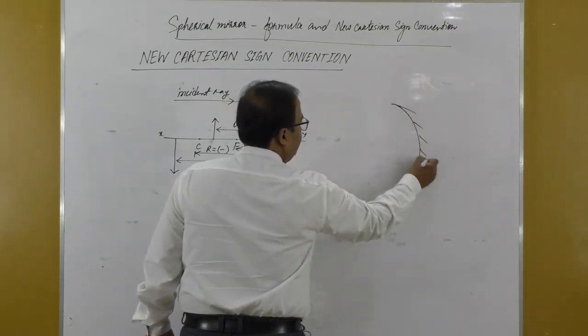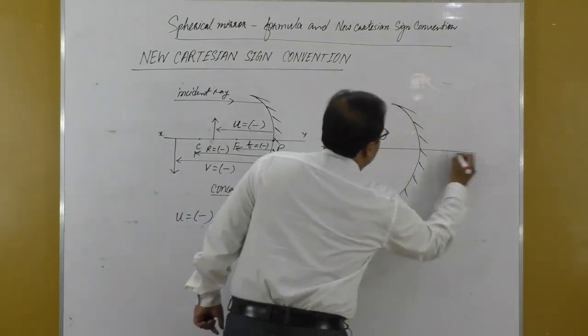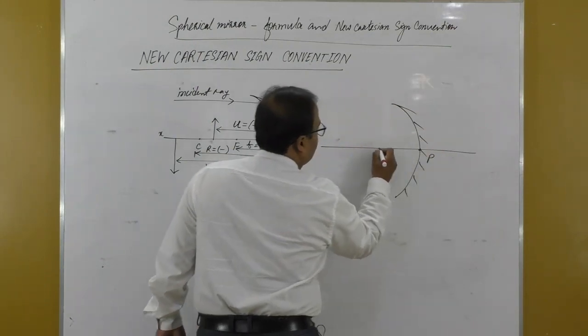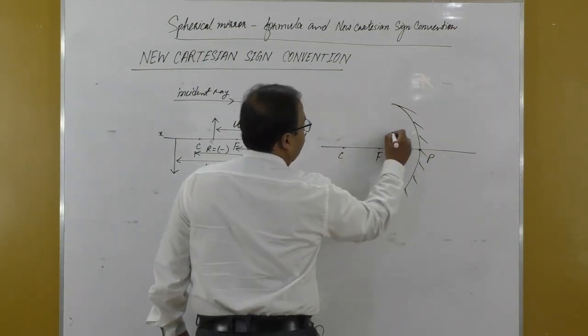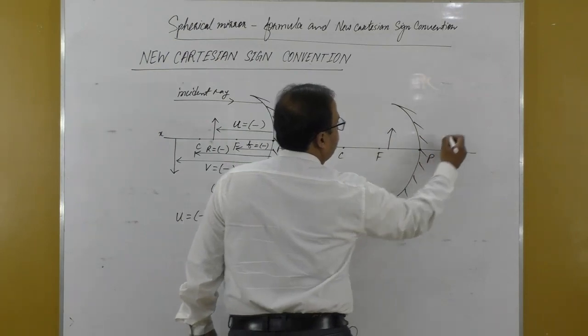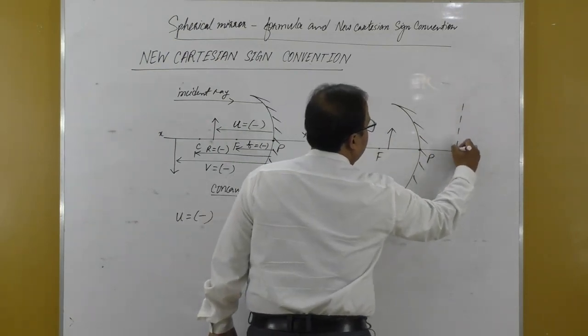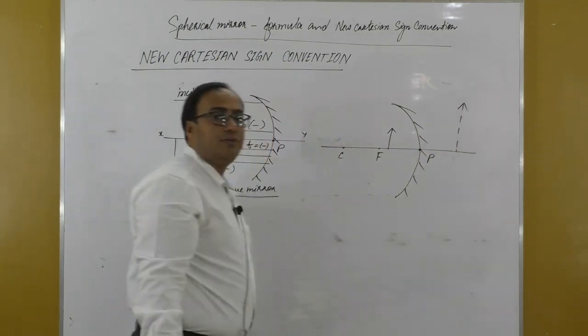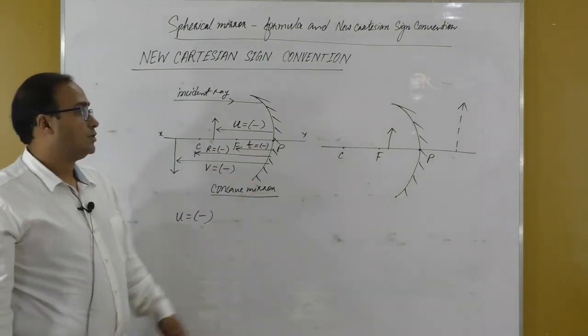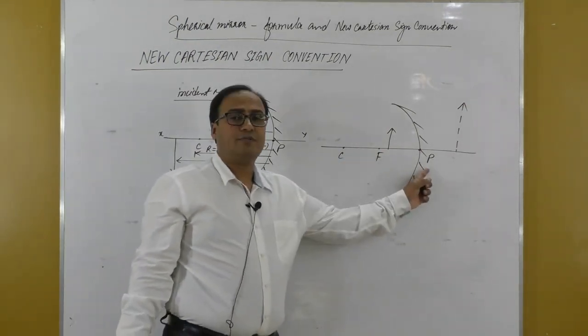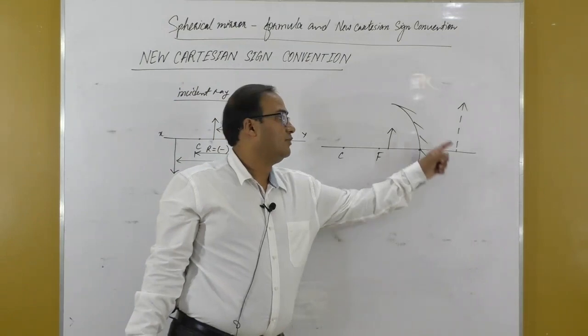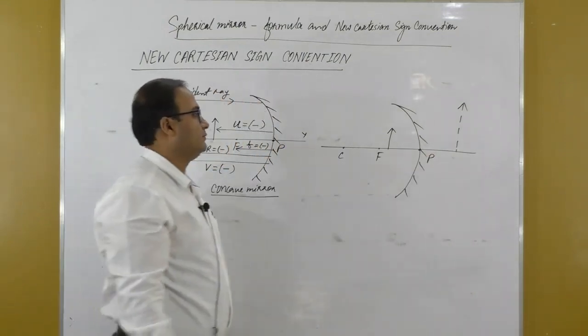This is a concave mirror, and this point is pole, focus, center of curvature. If we place an object between focus and pole, we know that a virtual and highly magnified image is formed behind the mirror. So if the object is between focus and pole, where will the image form? The image will be formed behind the mirror.